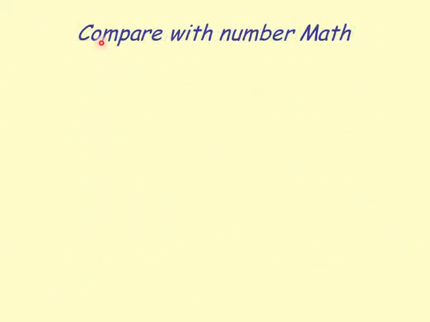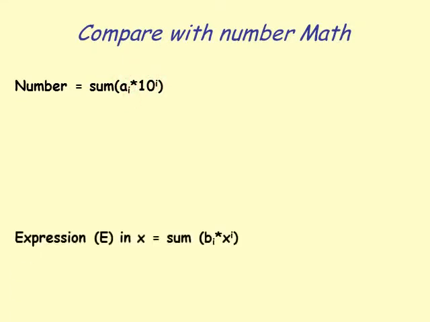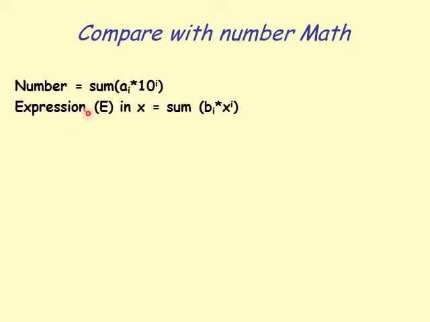Let's try to compare that with number math. In the decimal number system, a number is given by a linear combination of powers of 10. This is the power of 10, and this is my linear combination coefficient of the ith power of 10. An algebraic expression E in x is given by a linear combination of powers of x.